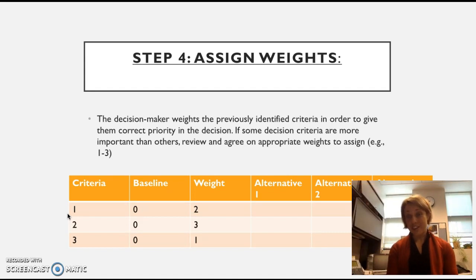Maybe ethical concerns, following the law, and making sure you're taking care of the people you're working with, maybe that's a weight of 3. And then maybe the cost benefit is a weight of 1, right? So think about which are going to make the biggest impact in terms of the weights.